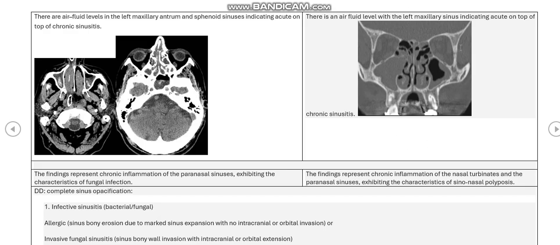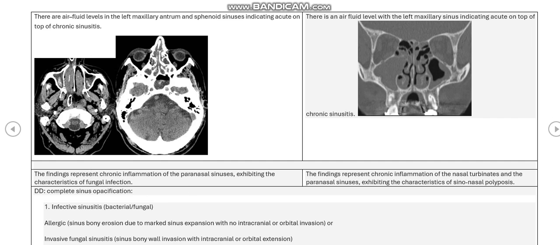The second probability is chronic sinusitis with sinonasal polyposis. The third possibility, in the upcoming lectures, will be mucocele.